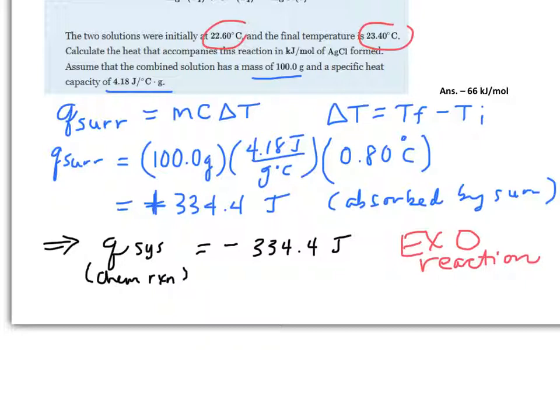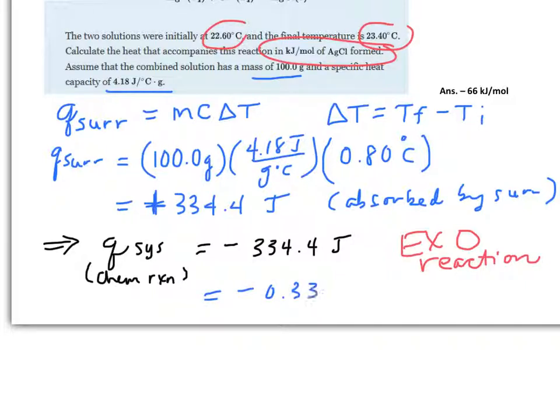They want their answer to be written in kilojoules per mole of silver chloride formed. So you're going to need to just find out how many kilojoules you've got and divide it by how many moles of silver chloride you formed, and you'll have it. All right, well, the joule to kilojoule thing, that'll be really easy. That's just moving the decimal.